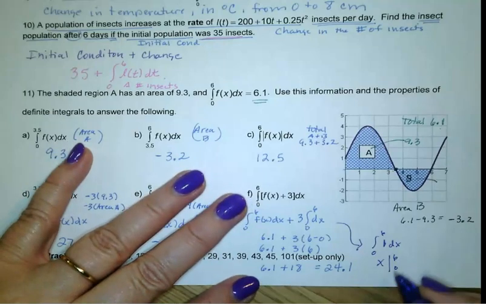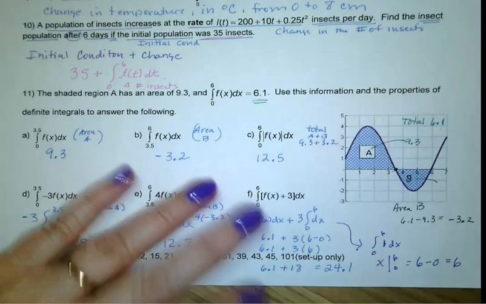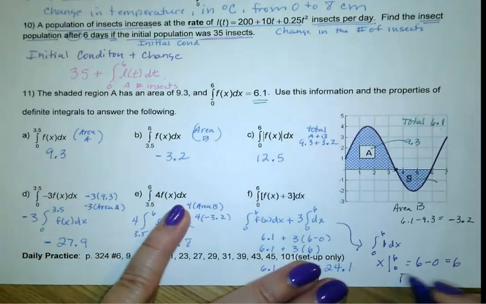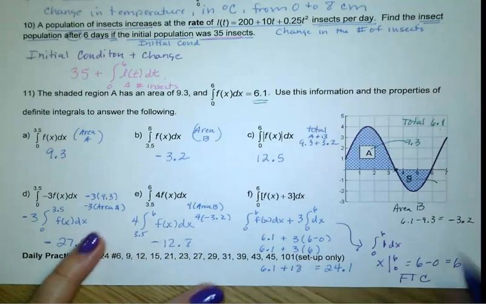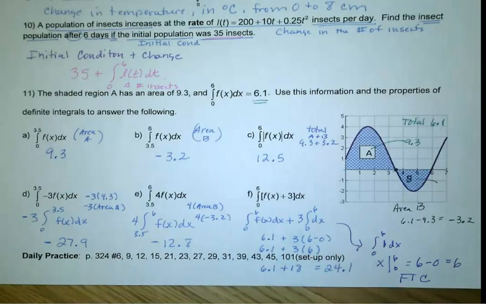So I'm going to plug in my 6 for my x, and then plug in my 0 for my x, and that's going to give me 6. So that is either applying the fundamental theorem of calculus if you did it this way, or just using the properties if you did it this way. So in this case, you had a couple of options.